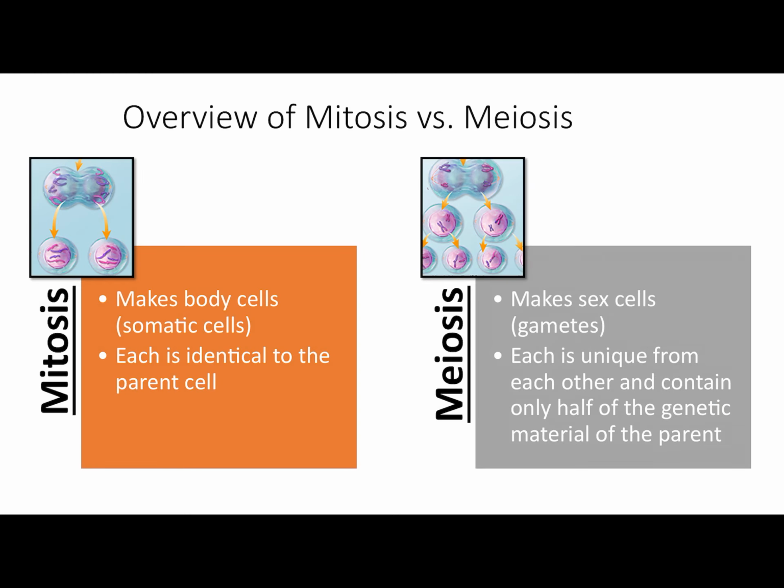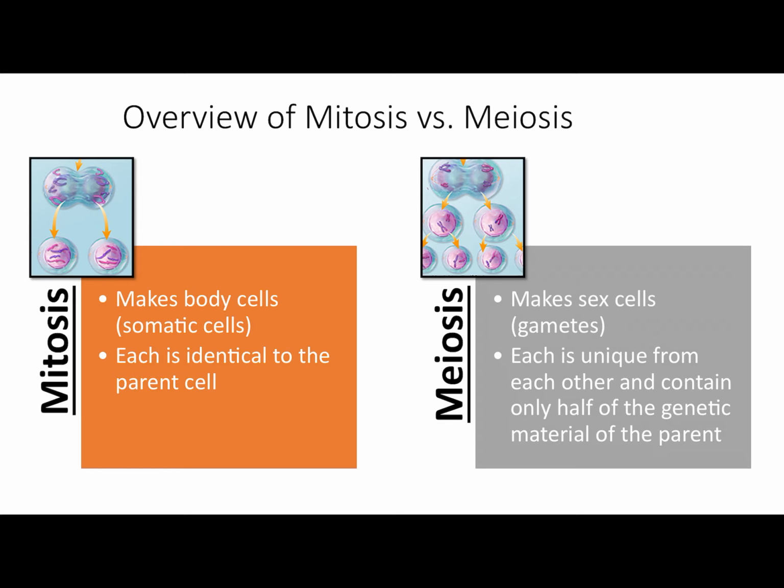So when we're looking at mitosis and meiosis, I hope this is a good reminder for you, but I hope you already knew this. When we look at mitosis, we're thinking about from our head to our toes, right? It is responsible for your growth, for your development, and also what happens every time your cells need to heal or replenish cells that have maybe died, that have gotten old.